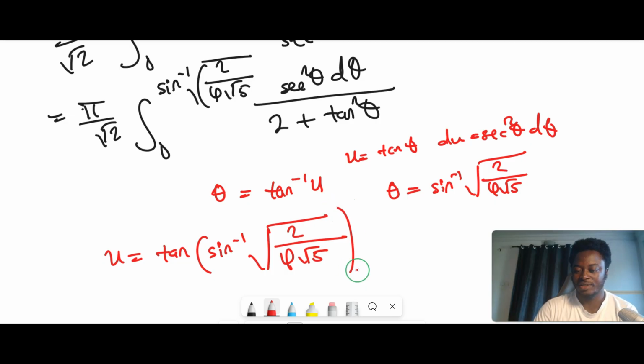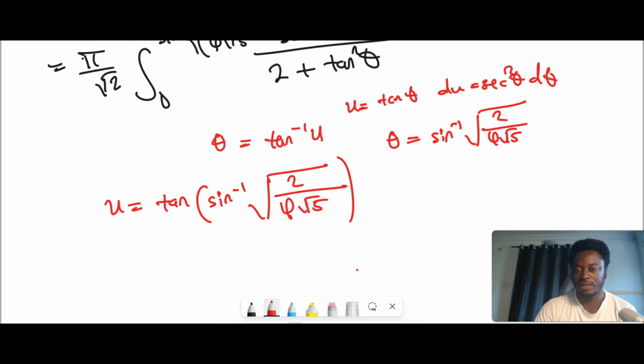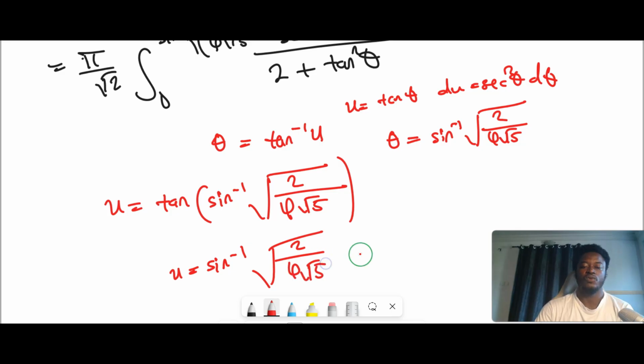Now, how do we handle this? Well, to handle this, we need to first of all take u to be sine inverse of square root of 2 over phi root 5, which means that sine u is square root of 2 over phi root 5. So that means we need to find tan of u.